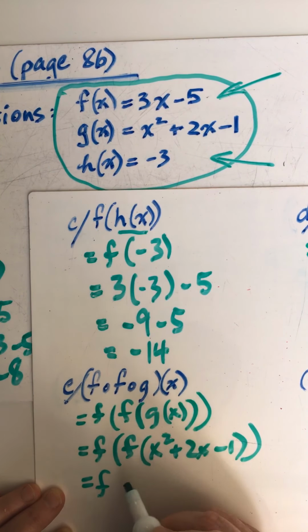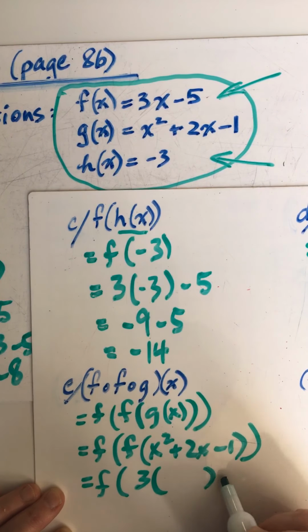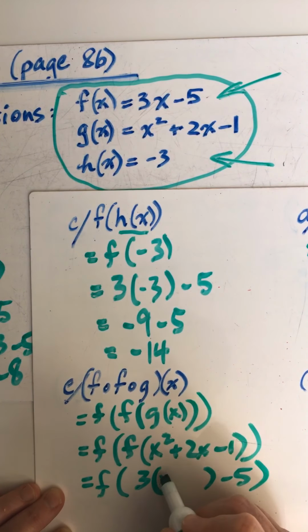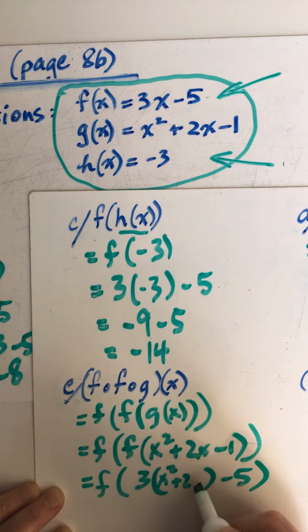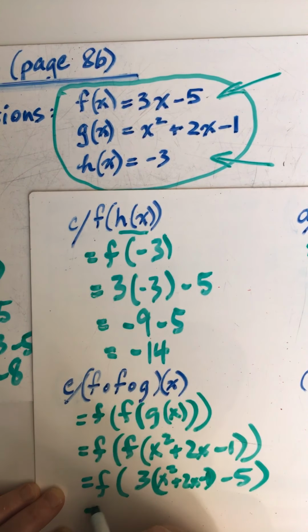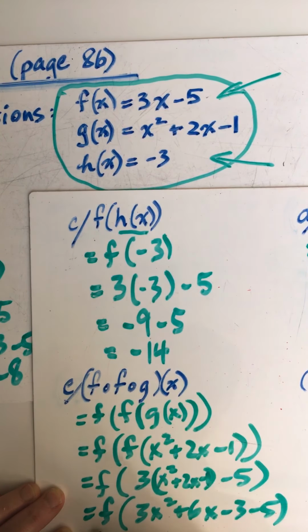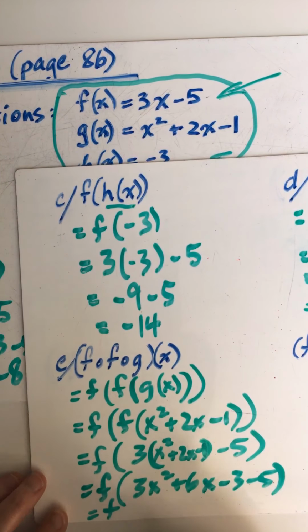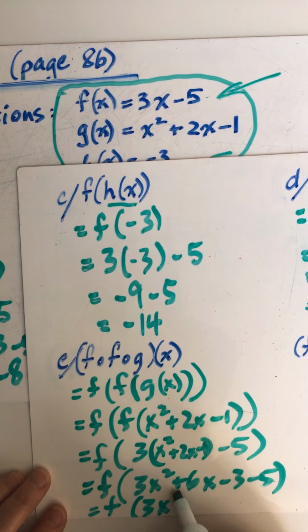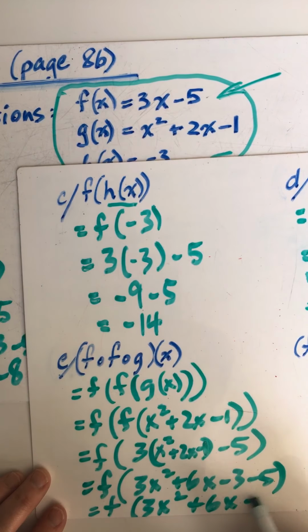So f of, and we're doing this part, 3x, subtract 5, and in there is where this goes. Still not finished. This is going to be 3x squared plus 6x, subtract 3, subtract 5, which is 3x squared plus 6x, subtract 8.